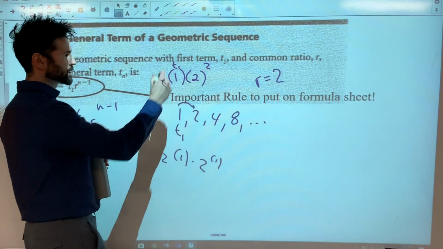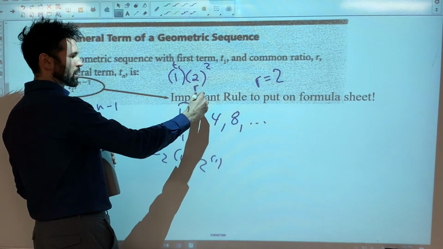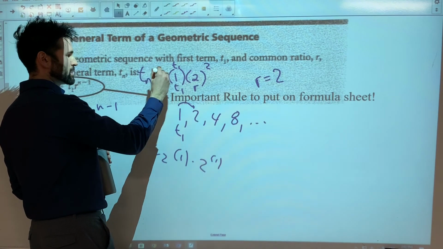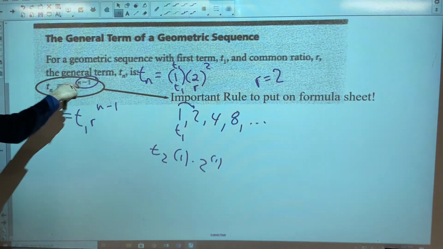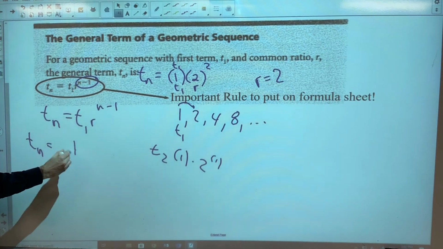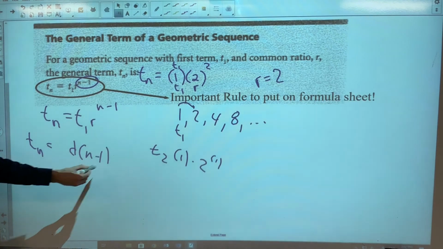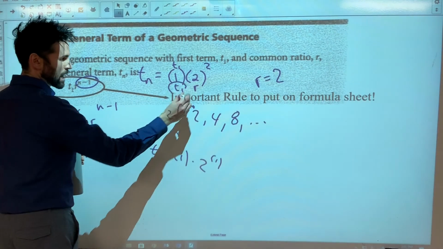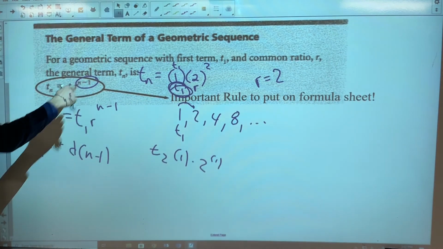And then eventually you see a pattern. It's T1 times R, and if I call this Tn, it's that same n minus 1 thing again. Remember how before in the arithmetic sequences we had the d and it was n minus 1. It wasn't a power, but we had to go n minus 1. Why? Because term 1 is already there, so you're already accounting for term 1. So it's going to be n minus 1.